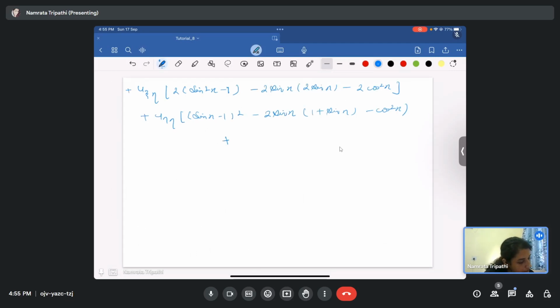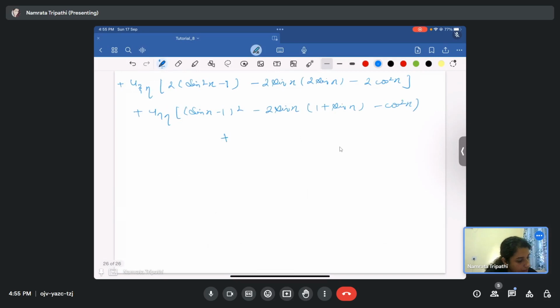And here cos x into u xi plus u eta, and this is the given ux, u xi plus u eta.